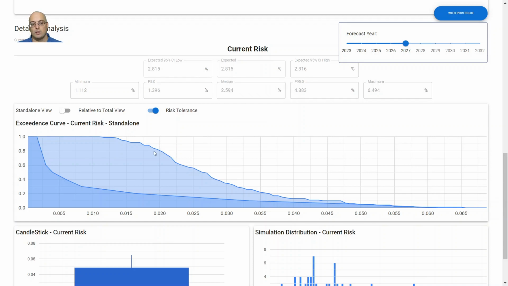And more importantly, when we look at the risk tolerance itself, you can see that the management team defined here that they allow only a 45% likelihood that the exposure in a given year will exceed 0.5% of the market capitalization.